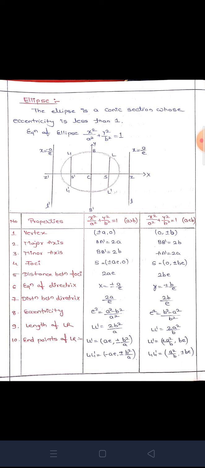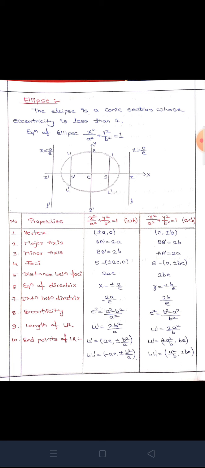The vertex is plus or minus a, 0. Then you have the major axis A A dash equals 2a, the minor axis B B dash equals 2b, and the foci S, S dash are plus or minus ae, 0.